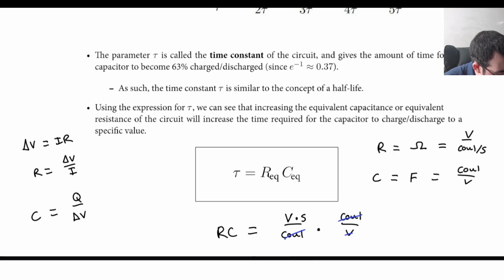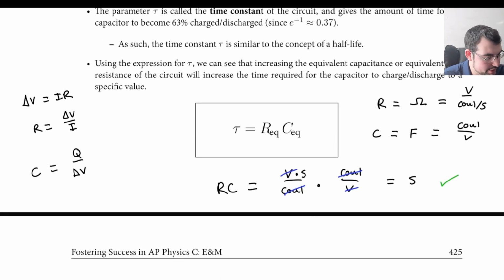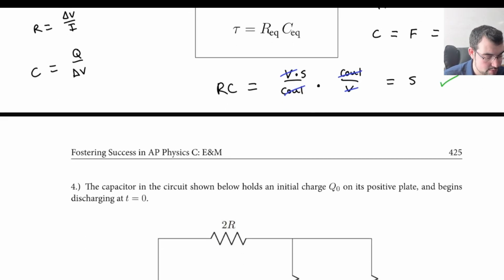Goodbye coulombs, goodbye volts. And look at that, we do actually get seconds. So there's a nifty little unit check for you there. I know it's hard to imagine because we usually don't use base units. We define things like ohms and farads and amps, but it works out.